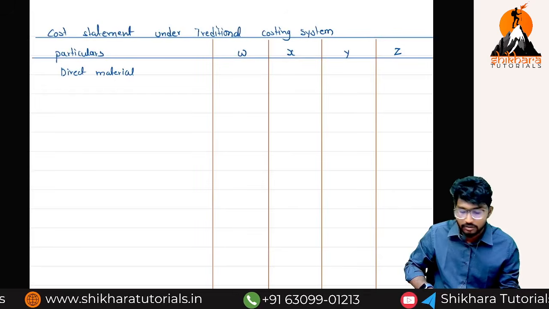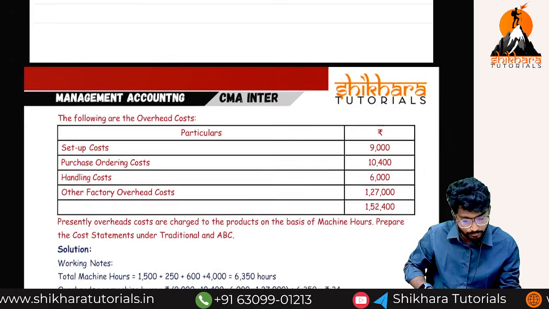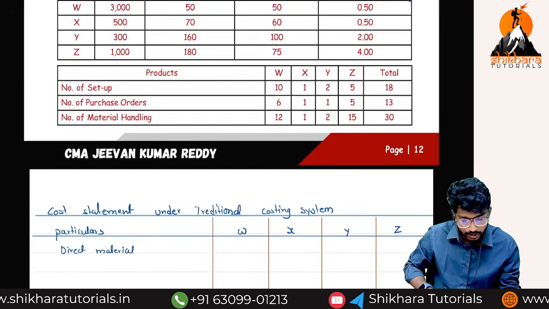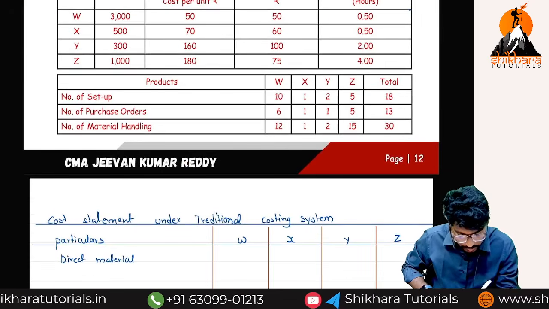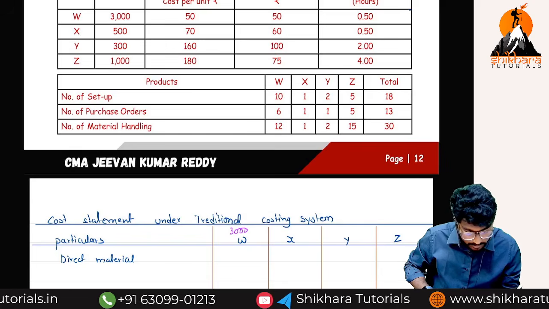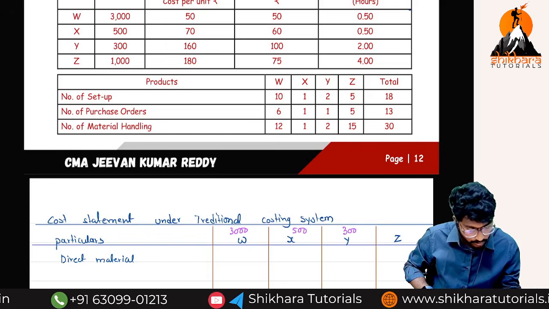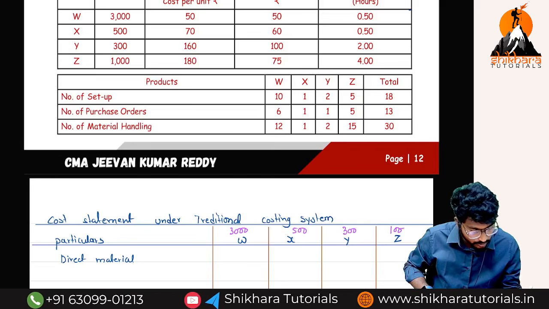Direct material. For W, how many units? 3000. Next, for X 500, for Y 300, for Z 1000.